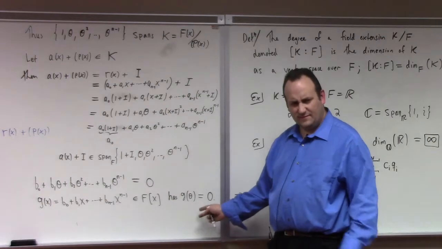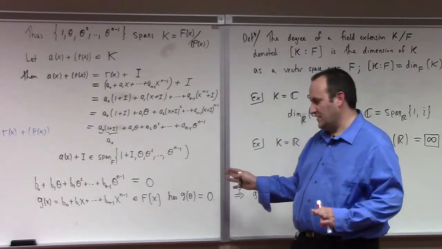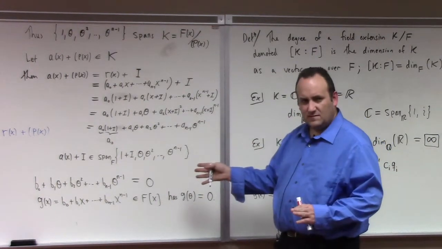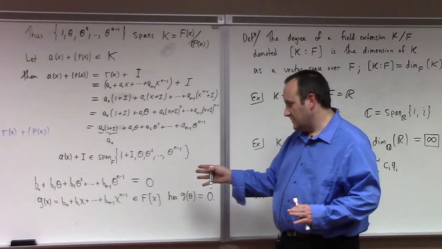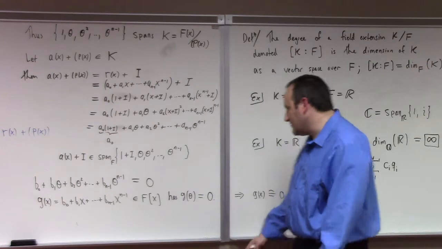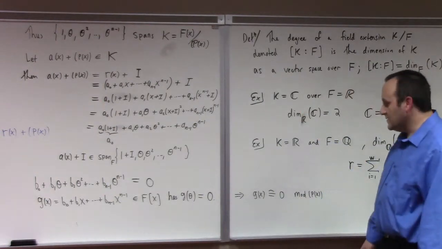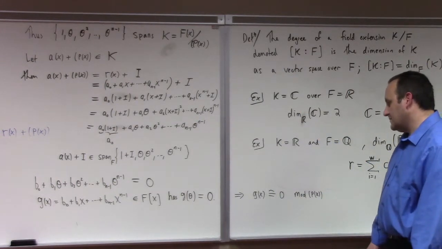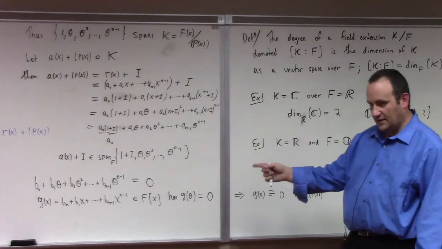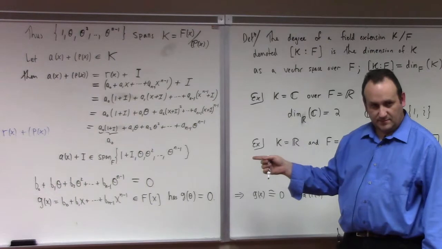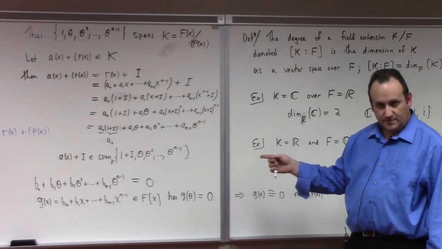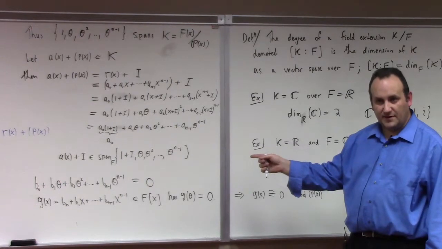Let's just focus on that statement. We have a polynomial g of x of degree less than n, which is a polynomial multiple of a degree n polynomial.